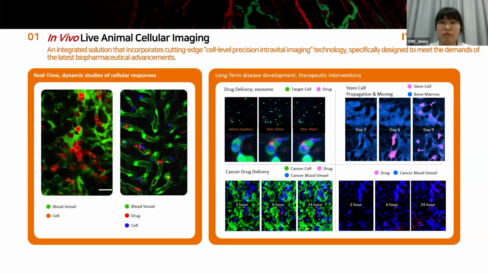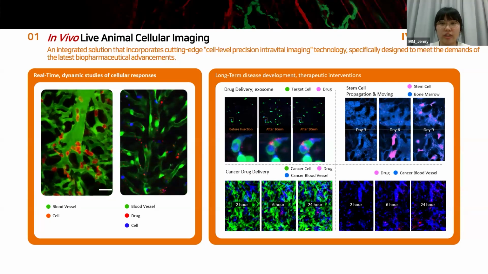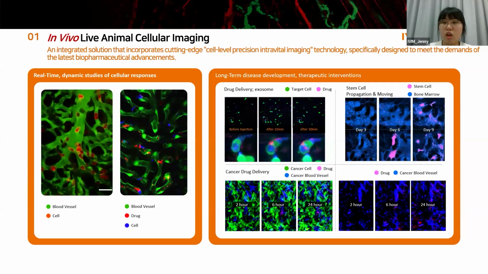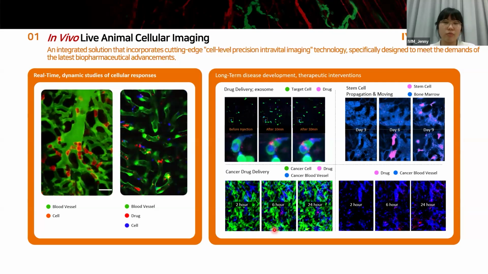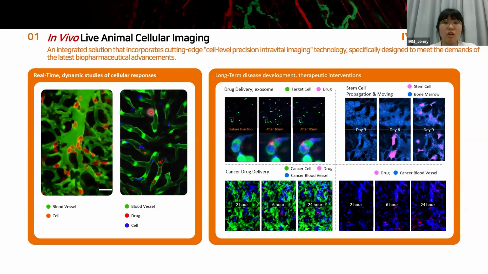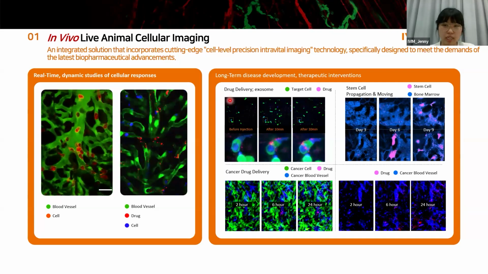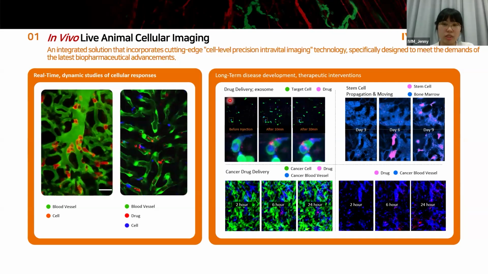This capability provides critical insights that help guide the development of effective therapeutic strategies. Furthermore, by using live animal models, researchers can track the pharmacokinetics and pharmacodynamics of drugs over time or in real time, which is a very powerful advantage in preclinical development. These functions also support the generation of highly reliable data that meet the regulatory standards required for drug development.